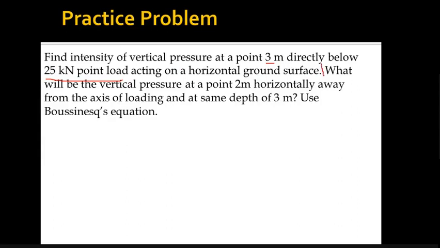First, we will try to solve the first half of the problem. In this first half, they have mentioned that a 25 kilonewton point load is given. So here Q is equal to 25 kilonewton, and as the point where we are determining the stress is directly below this point load, r is equal to 0 as there is no horizontal distance.